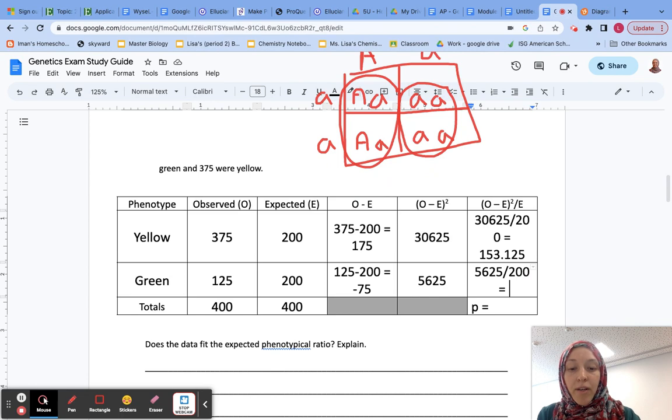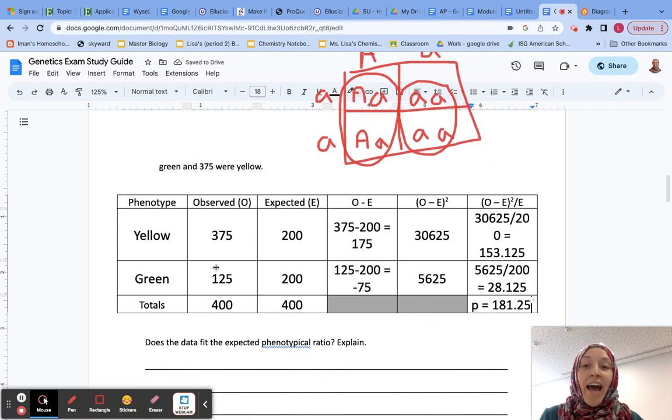I end up with 28.125. For my chi-square value, I need to take the sum. So this plus this is 181.25. Wow.